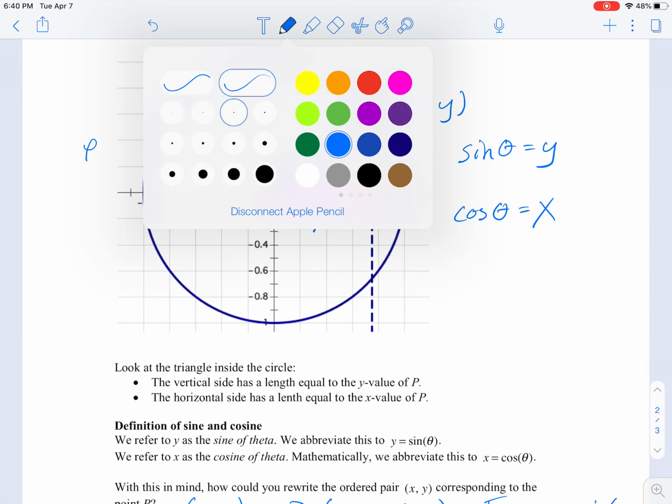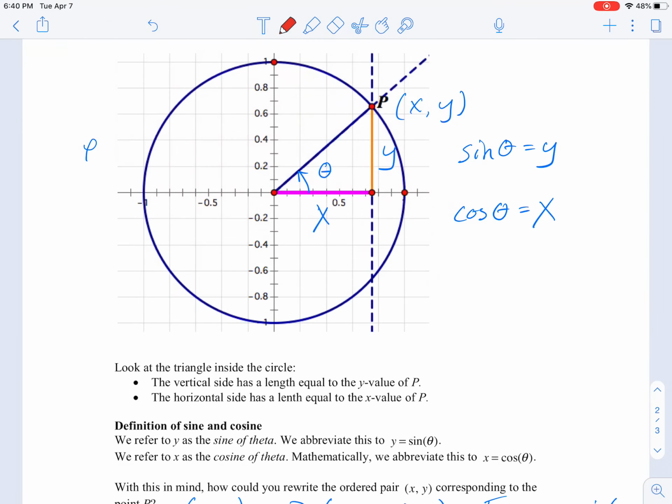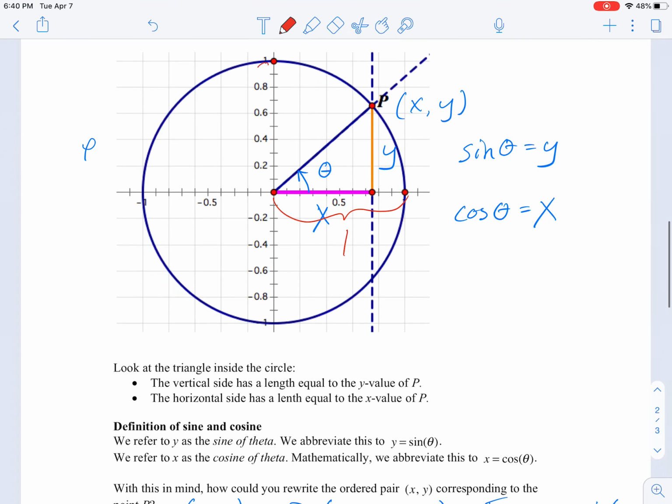Well, the largest that x could ever be would be 1. It'd be going out to that edge. Similarly, the largest that y could ever be would also be 1.